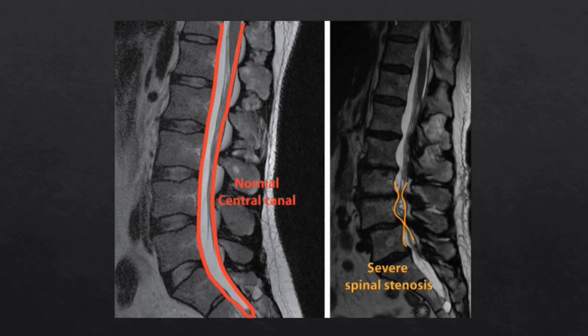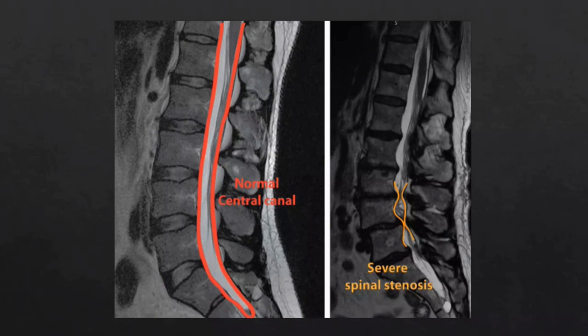So when you hear of a person who has symptomatic spinal stenosis, the most typical thing they'll be describing to you will be that when they get up and walk, they feel pain or heaviness or weakness in their legs.